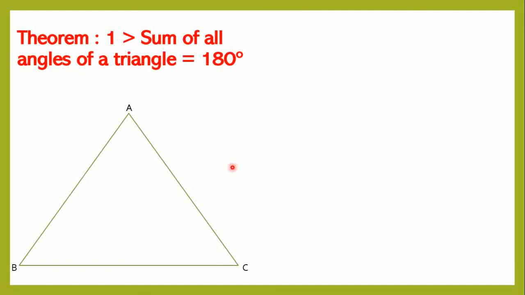So we have this triangle ABC, and we have to prove that angle ABC, this angle, plus angle BAC, this angle, and plus angle ACB, this angle, if we add all these three angles, it should come equal to 180 degrees. This is what we have to prove, right?